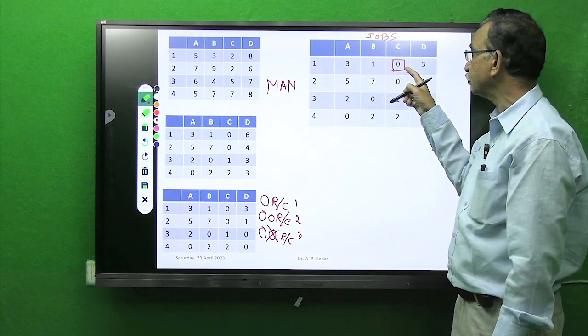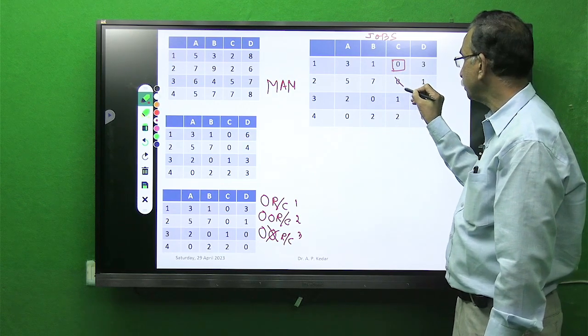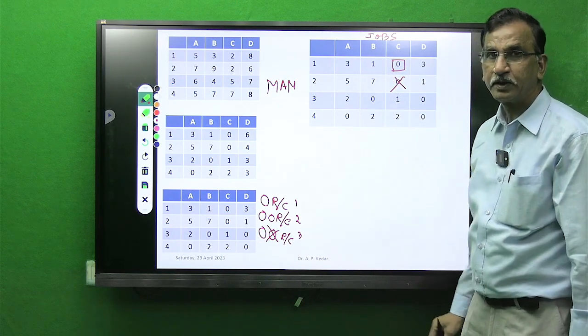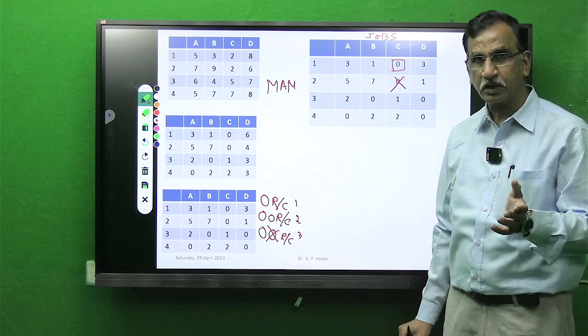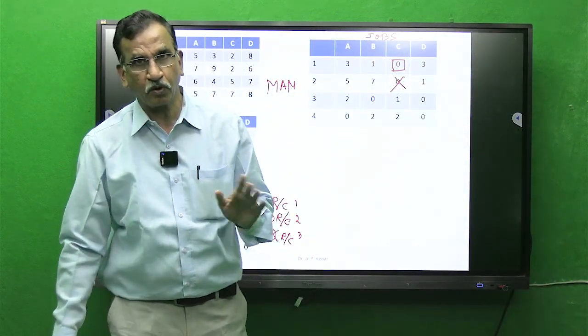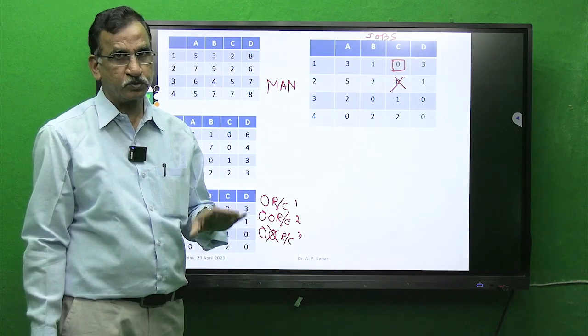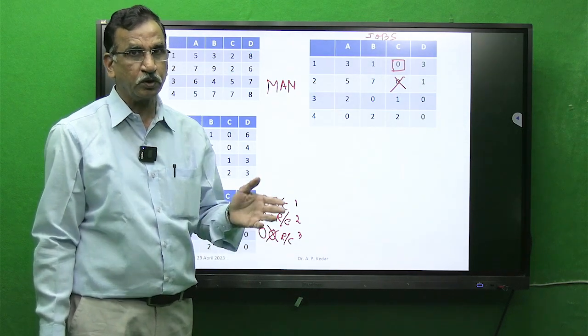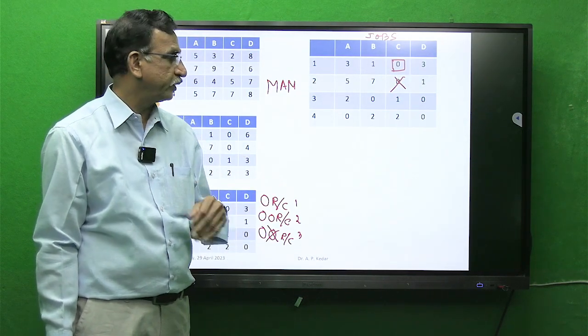If you are assigning a 0 of a row, cross off zeros from the related column. Vice versa, if you are assigning a 0 of a column, cross off 0 in the related row, if any.